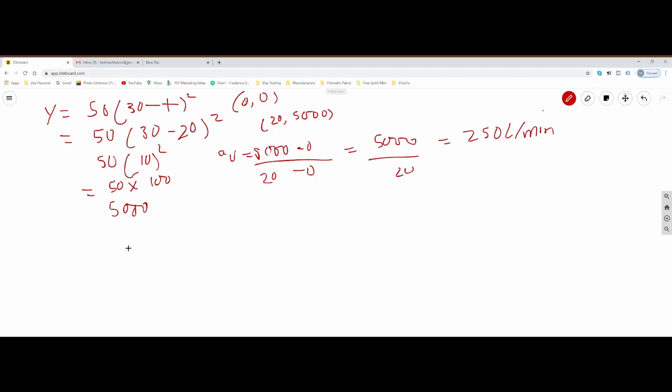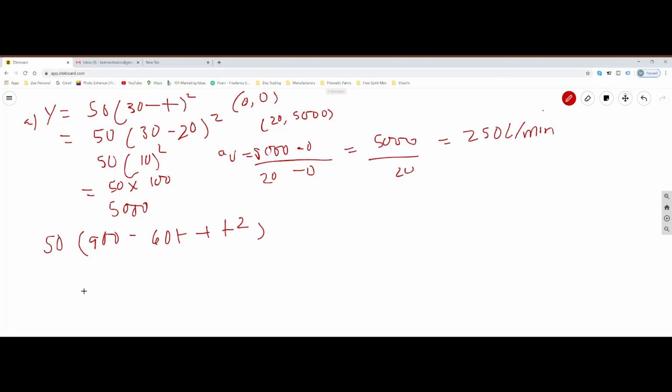Okay, so that's 10. Let's look at 10b. So we're going to expand out the equation, which is 900 minus 60t plus t squared, and then you have to multiply it by 50 because we expanded this one.